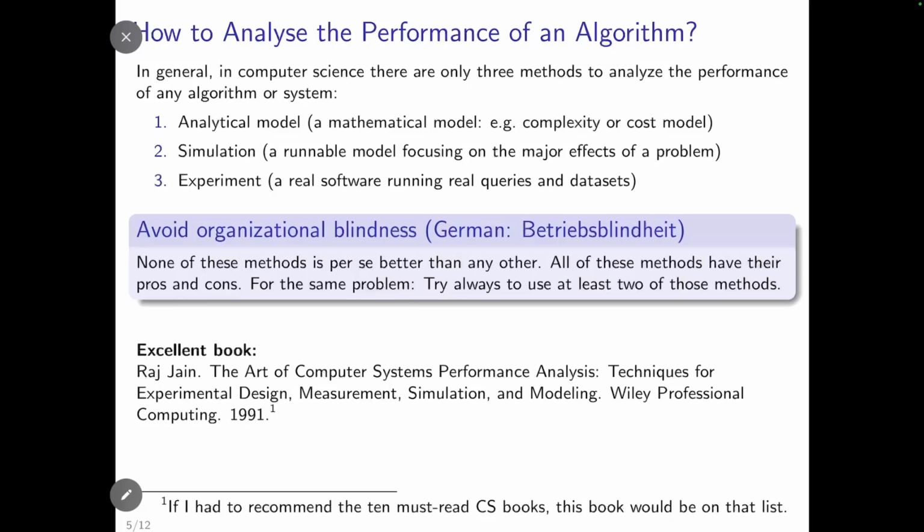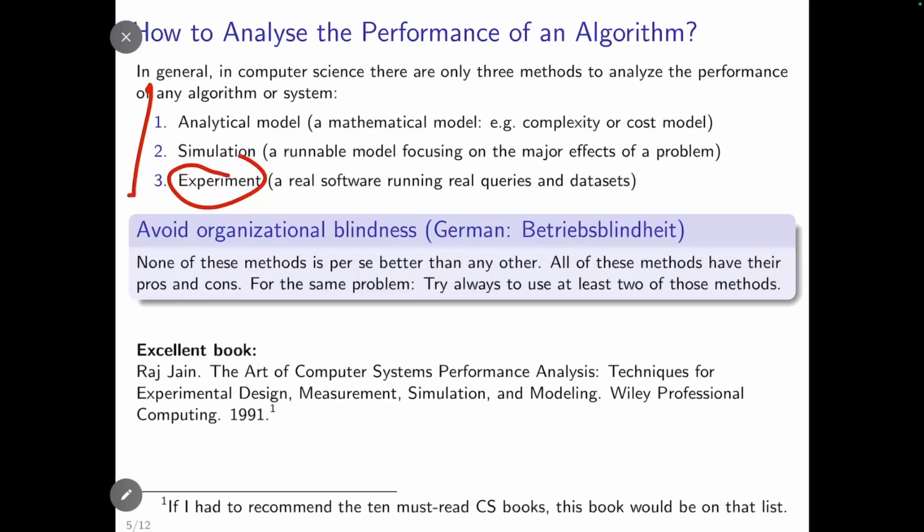None of these methods is better than the other, but typically you will see that certain sub-communities of computer science focus on one particular analysis type. So the theory people typically focus on analytical modeling and do not do too many experiments. We focus a bit more on experiments, but in databases actually all of those methods play a role.